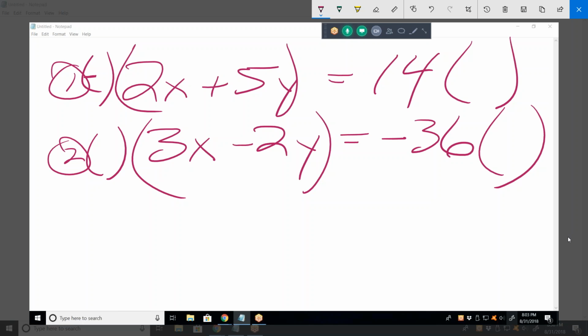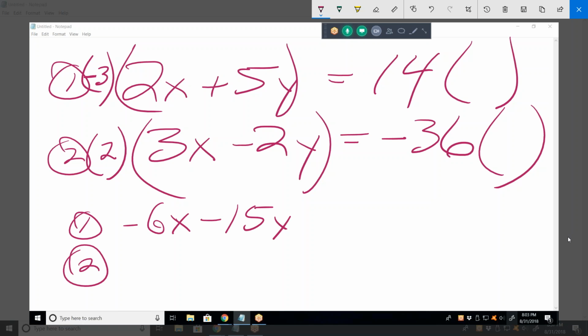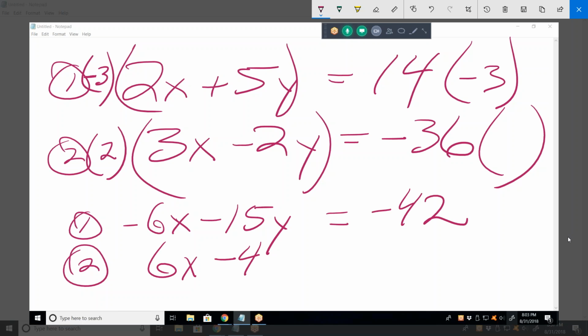So I'm going to multiply the top by minus 3, and I'm going to multiply the bottom by plus 2. Now that gives me two completely different equations, but it makes the problem a lot easier. Minus 15y, I got to multiply that by minus 3, so that's minus 42. I'm going to do the bottom one by 2, that gives me 6x minus 4y equals minus 72.